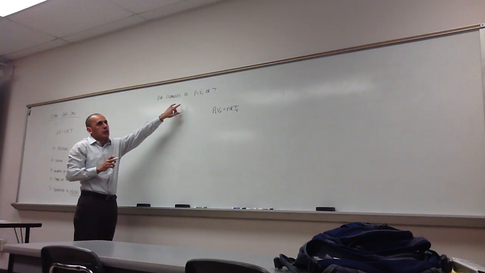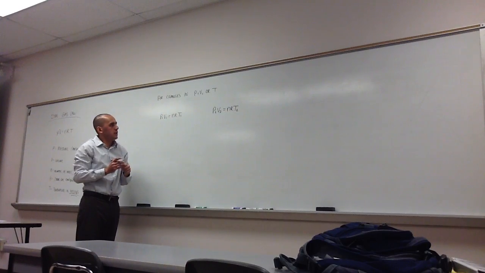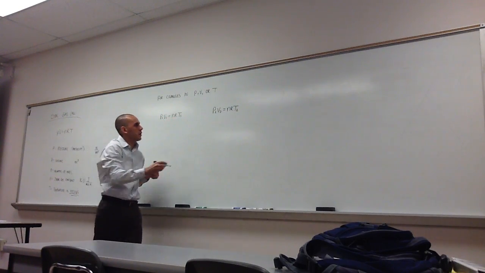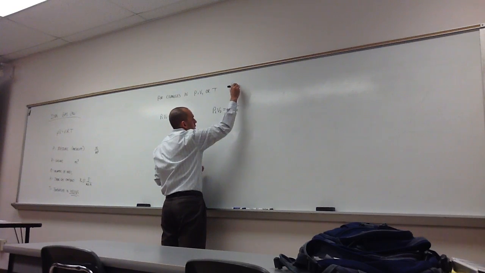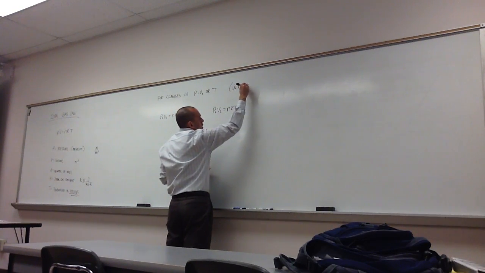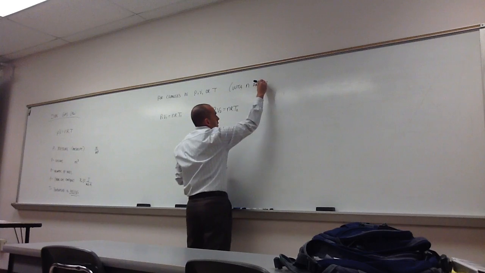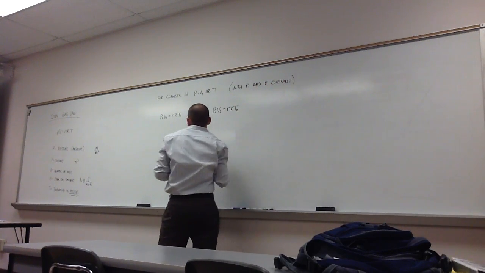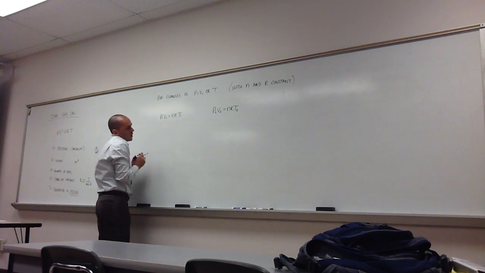Okay. If we're talking about changes in P, V, or T with our number of moles and the R always constant, then we're going to approach our problem by just taking these two and putting them together.